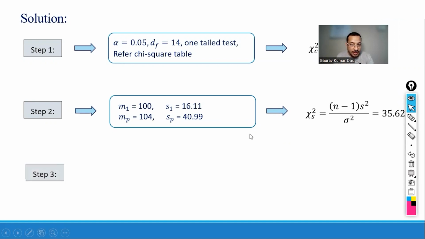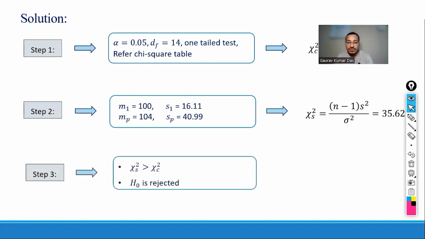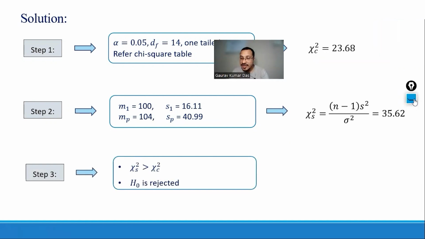Step 3, finally, we got to know that my chi-square statistic is greater than my chi-square critical. This is 35.6, this is 20.68. That's why whenever the statistic is greater than the critical value, doesn't matter what test we are using, my H0 will always be rejected.